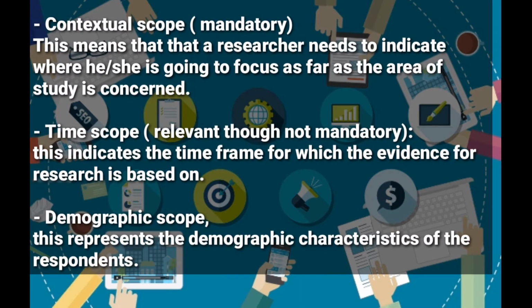Then we look at the contextual scope. This is also mandatory. This highlights the focus of the researcher as far as the context of the research study is concerned. This means that the researcher needs to indicate where he or she is going to focus as far as the area of study is concerned.